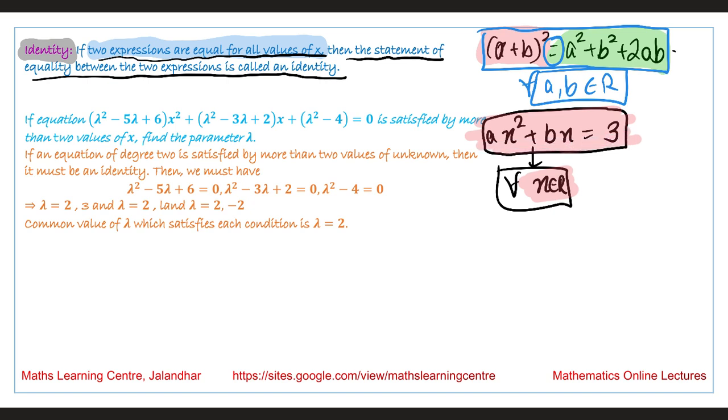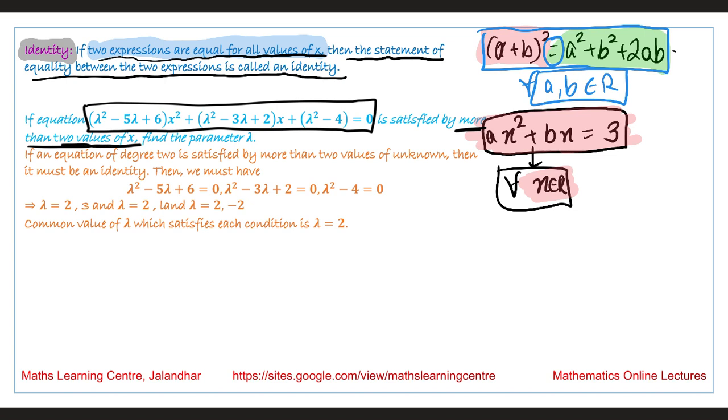So the first question we have is based upon this definition. This equation is given to us and is satisfied for more than two values of x. Clearly this is a quadratic equation.